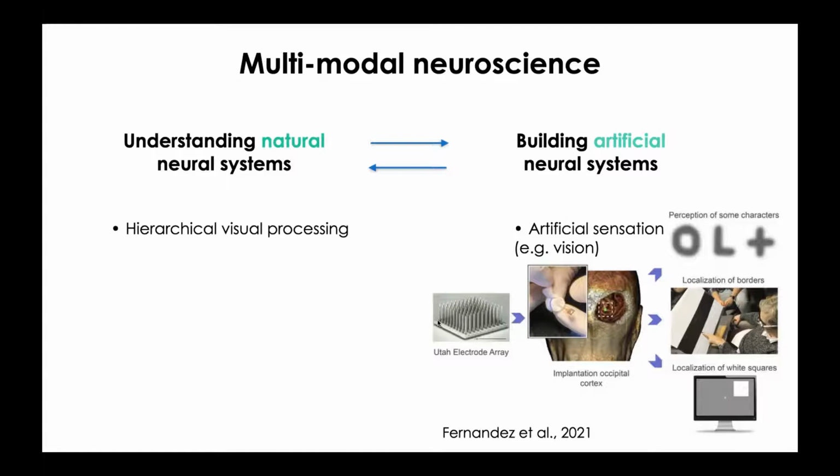This array that Amy showed is so famous, it has its own name. It's a Utah array developed at the University of Utah. It is small, 4 by 4 millimeters with 100 channels. And they implanted it in the visual cortex of this woman. So it's the part of the brain that responds most strongly to visual inputs.